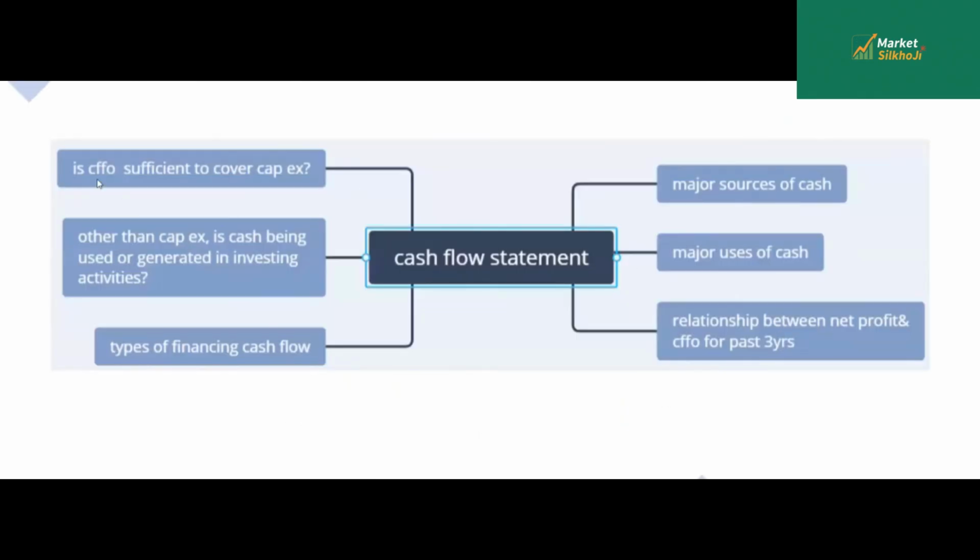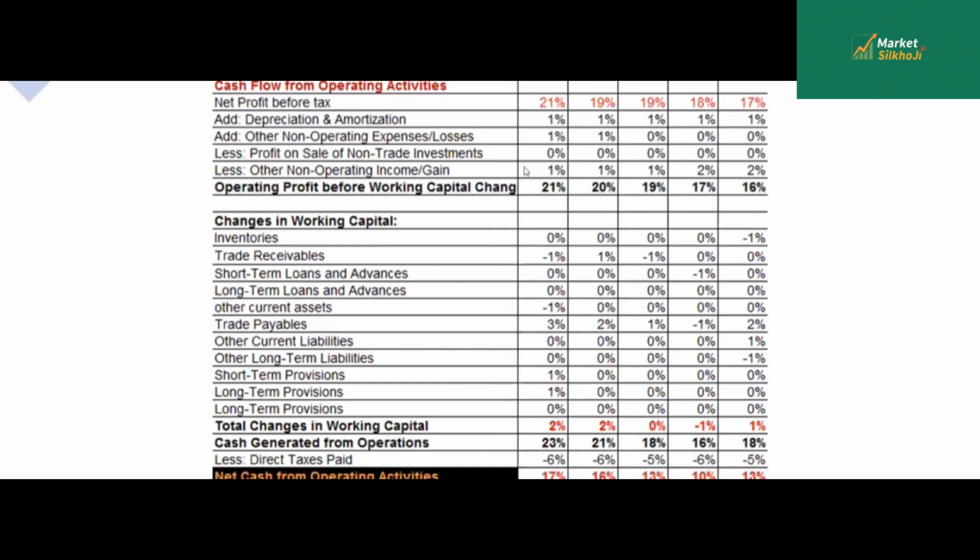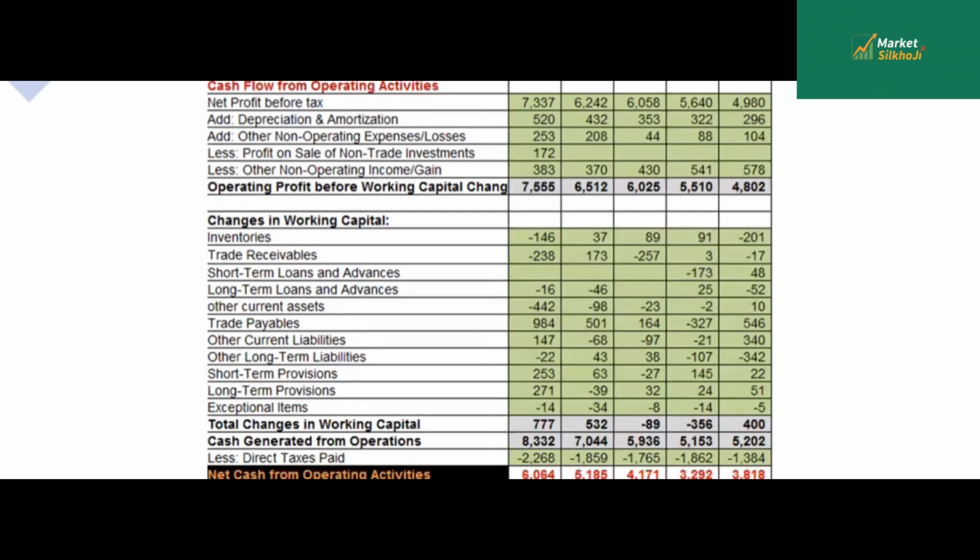Next, is cash flow from operations sufficient to cover capex? Why is this question asked? Because if it is not sufficient, then to cover the capex, the company will go out and borrow money, like Kingfisher Airlines. We don't want that kind of situation. With this company, you can see the capex is, let's say, 900 crores. How much cash is generated? 6,000 crores of cash is generated.